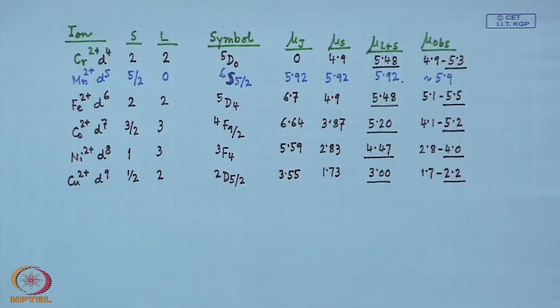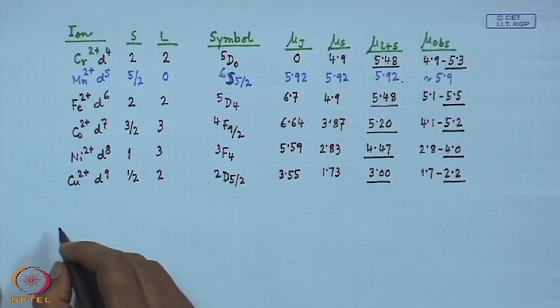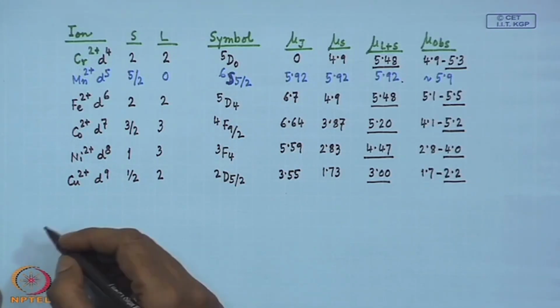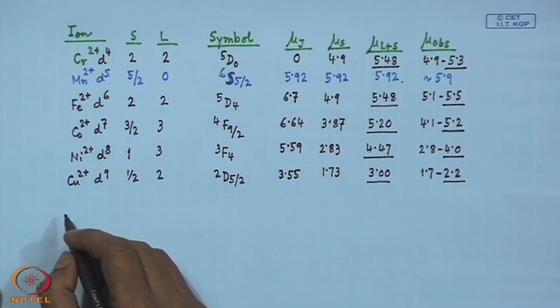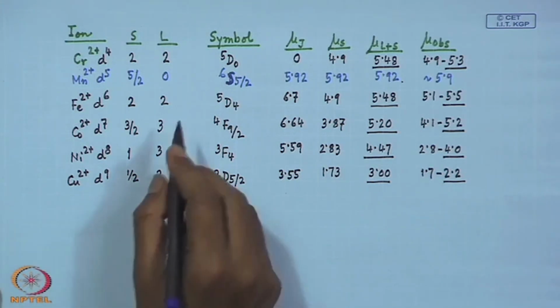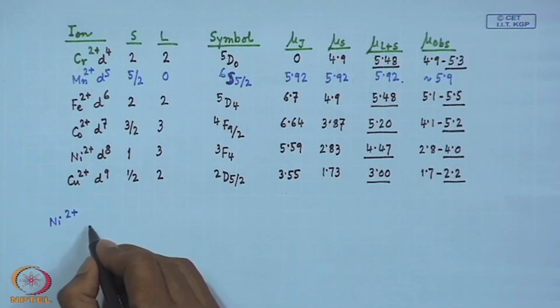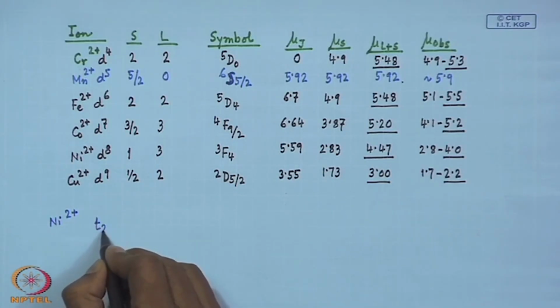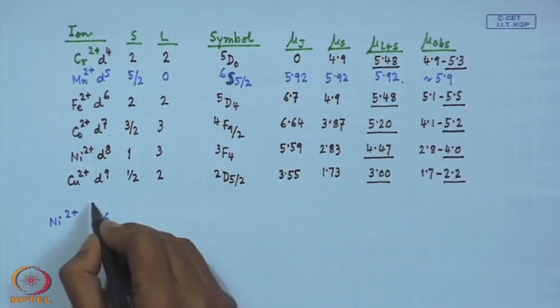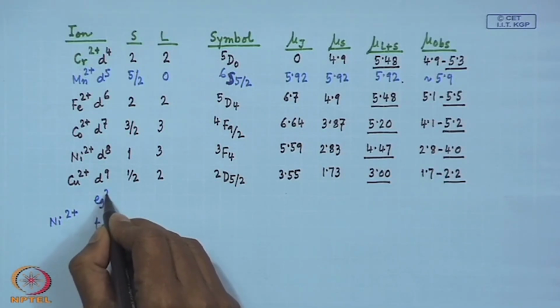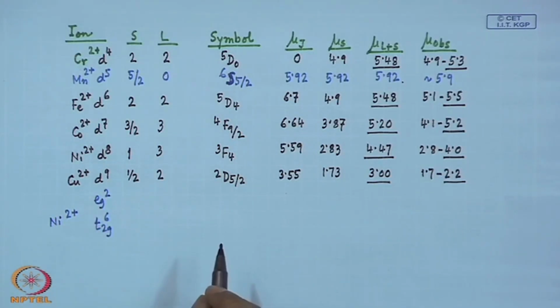So, we have something that means, if we have a particular system, say for nickel 2 plus, we have the t2g6 and eg2 electrons.